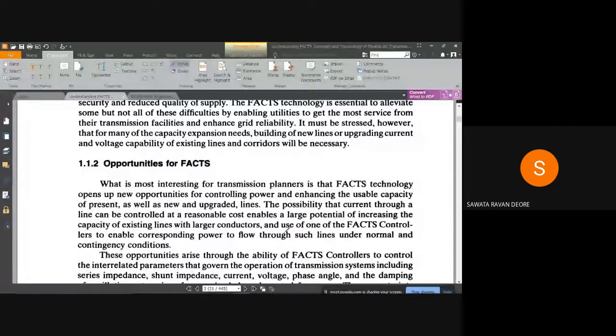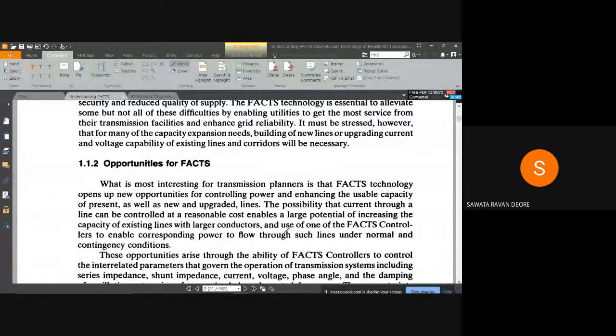Let's consider the example of the Kharghar substation. At Kharghar 400 kV, there is not a single transmission line connected; I think 3-4 transmission lines are connected to that substation. This means the busbar has 3-4 transmission lines coming from different locations.